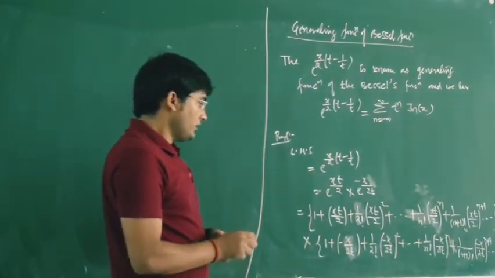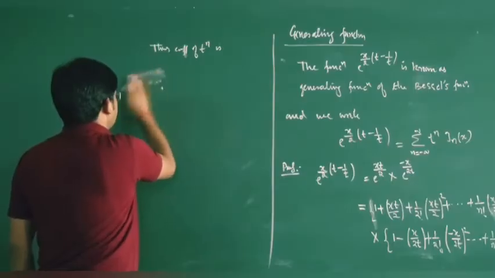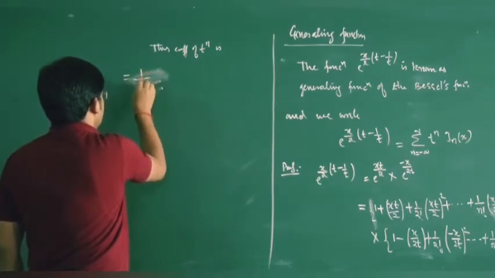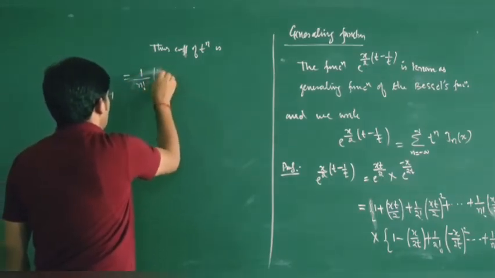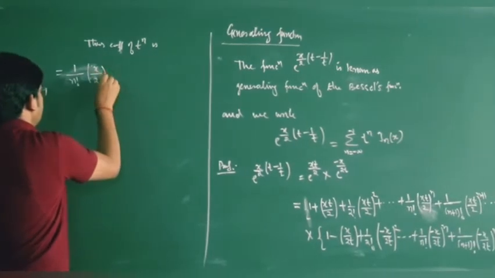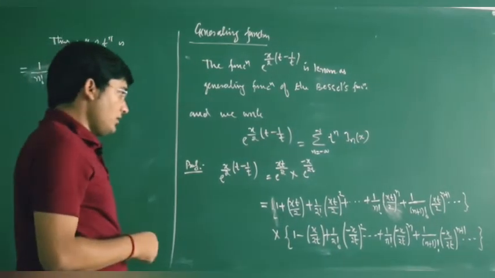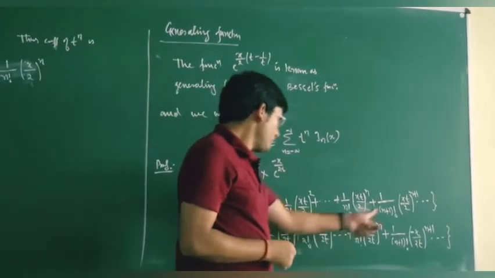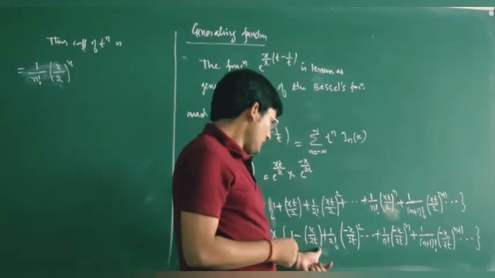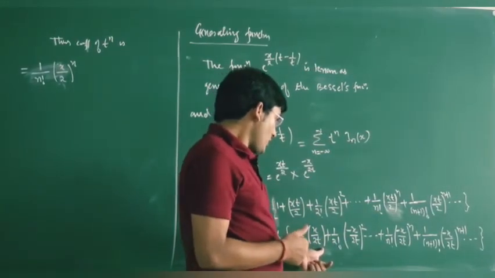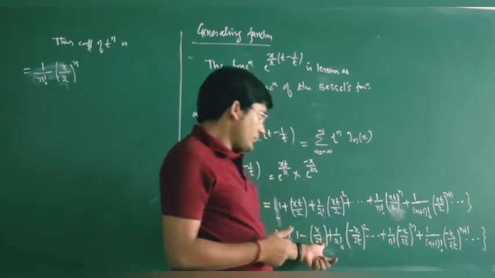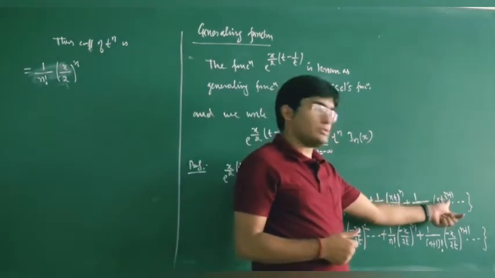Okay. Now if you multiply this term to this term, then here you can see that this 1 upon t will give you t to power n.